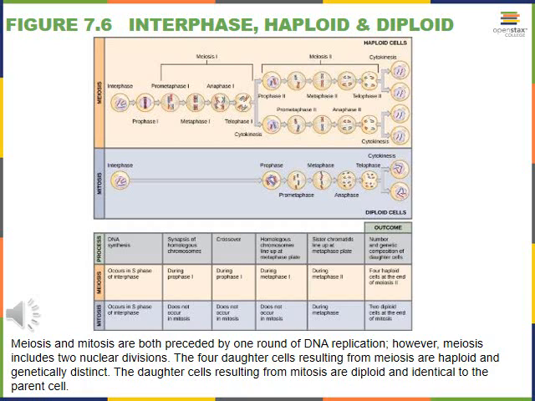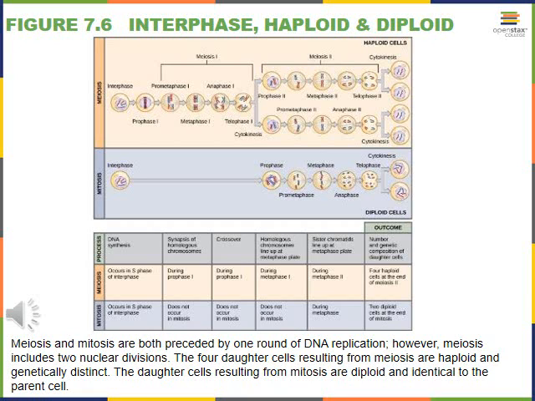So going back to the beginning, meiosis, DNA synthesis occurs in the S phase of interphase. Oh, look, it also occurs in the S phase of interphase in mitosis. The synapsis of homologous chromosomes happens in prophase 1 in meiosis and does not occur at all in mitosis.